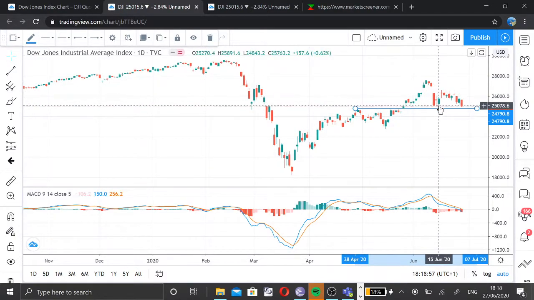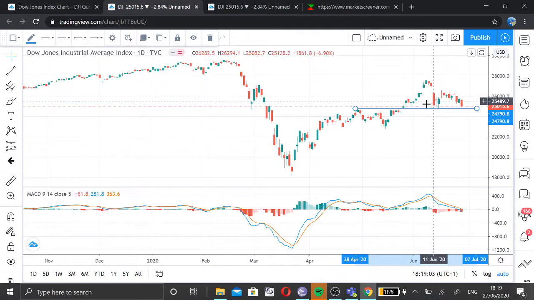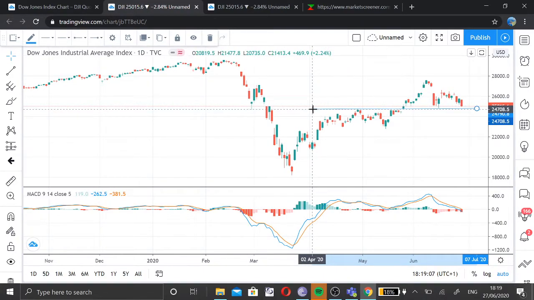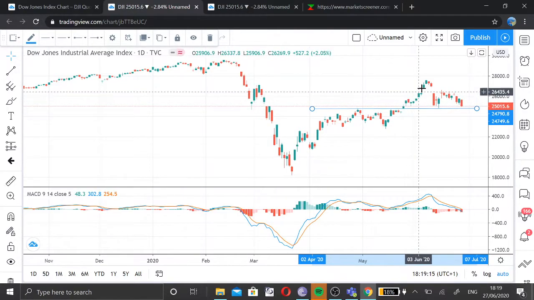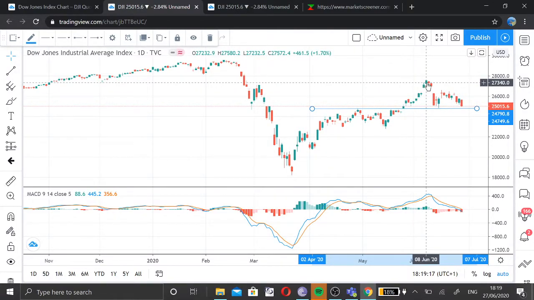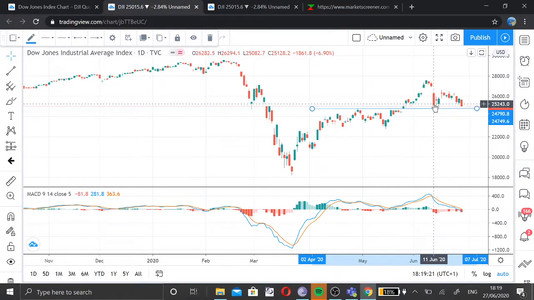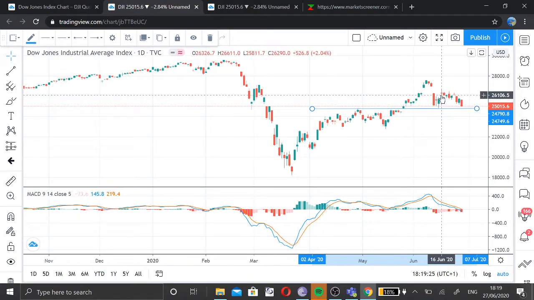Then it came back down and tested the same area again. It's a very good example of how resistance will become support. This was a resistance here, it broke out, it went all the way up towards the recent high, and then it came back down, and that area became a support.